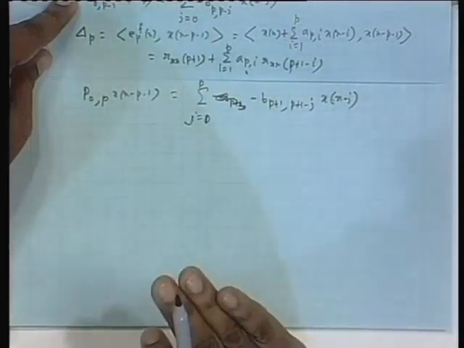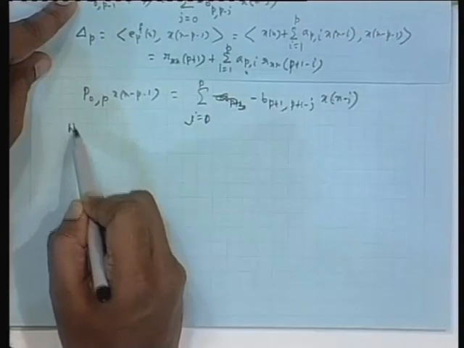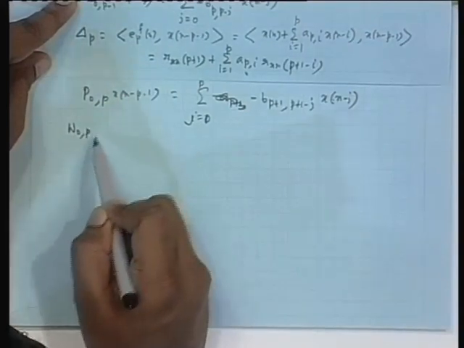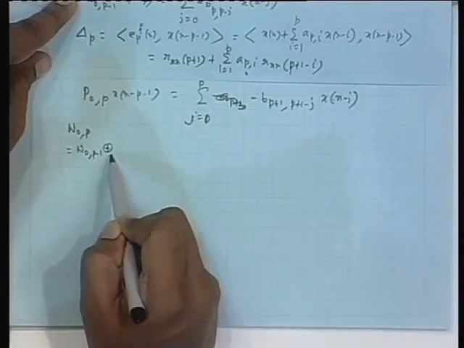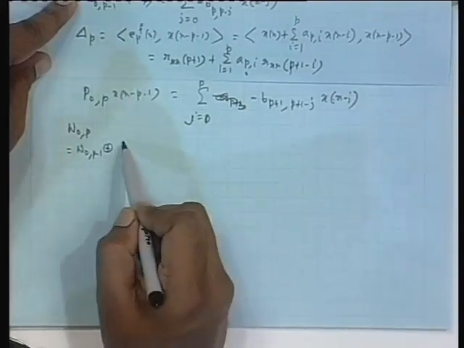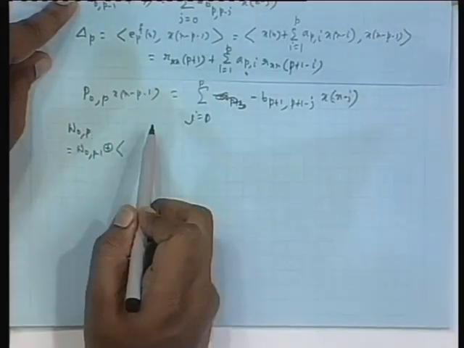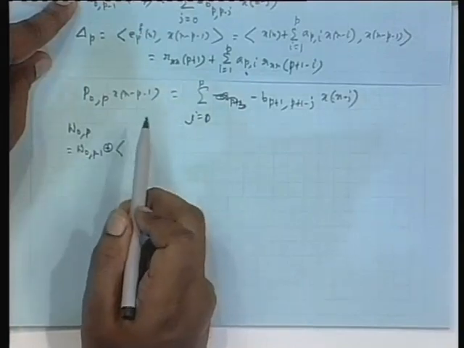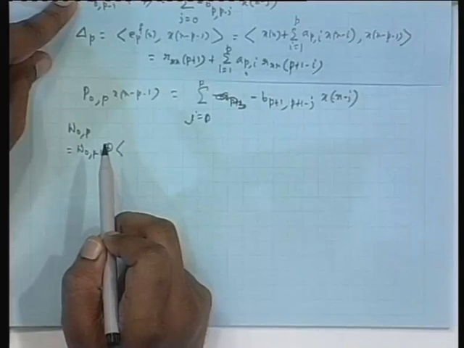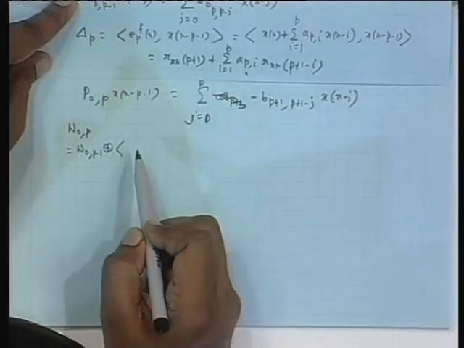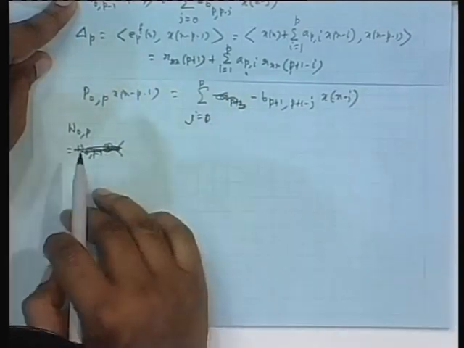In this form I want, but this projection is again what? What is the space here? Space here is W 0 p, which is nothing but orthogonal sum of W 0 p minus 1, and this is orthogonal sum. You understand that 0 to p means 0 to p minus 1, the last fellow is x n minus p. Or should I do this way? No, this is not the way. No, it is the other way.